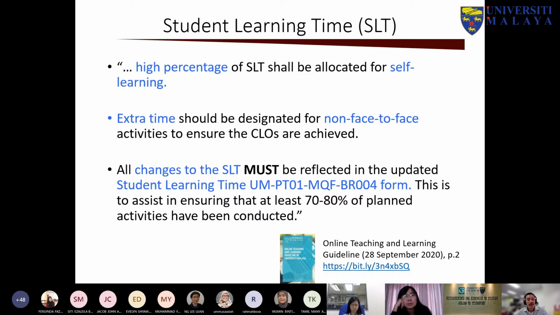Another one is extra time. We need to designate time for non-face-to-face activities so that the CLO can be achieved, and we should reflect and update this in the SLT form. This is for you to plan your teaching activities.